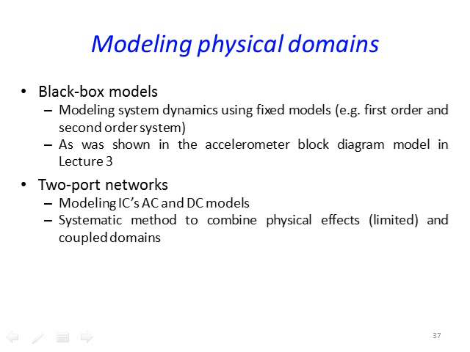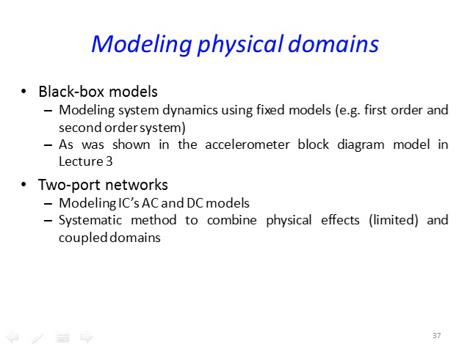So in modeling physical domains, we have two basic approaches. One is a black box model approach, which we saw in the second lecture, modeling system dynamics using fixed models. These are first order and second order systems, and also the accelerometer in lecture 3. You assume the system has a particular dynamic behavior, and then you use a partial differential equation, and it doesn't always have a physical meaning for all of the materials involved.